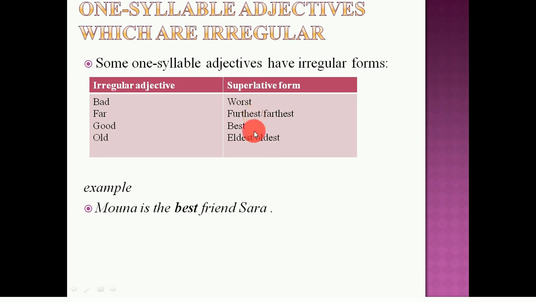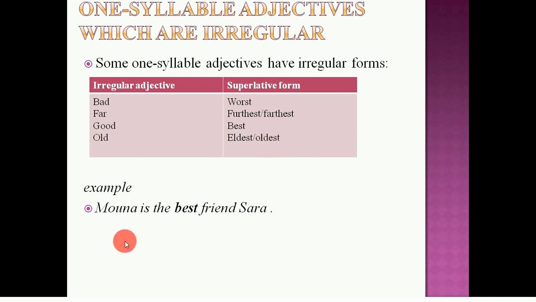What are the superlative forms of these adjectives؟ عنا bad superlative form تاعو worst. عنا far superlative تاعو furthest ولا farthest. عنا good superlative form تاعو best. old superlative form تاعو eldest ولا oldest.